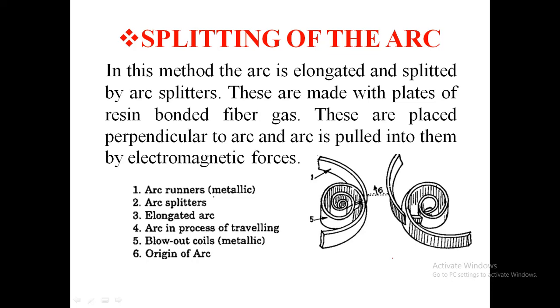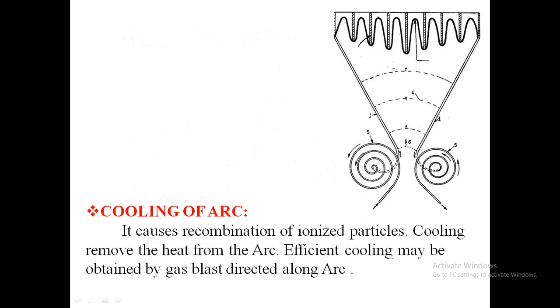Splitting of the arc. Here the arc is elongated, expanded and split by the arc splitters. These are made of metal or resin bonded fiber glass and placed perpendicular to the arc, pulling it into the electromagnetic force. So here is your diagram.